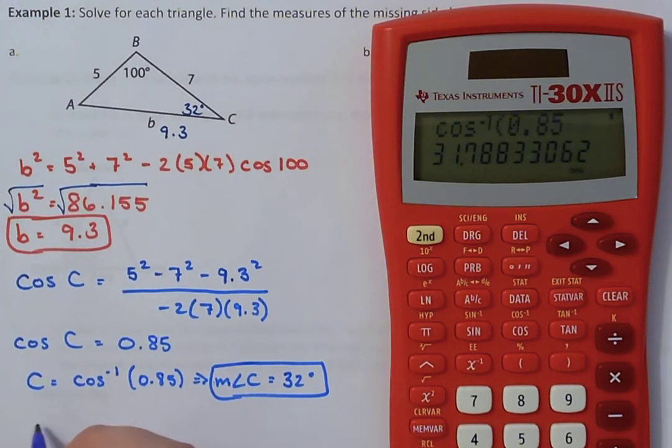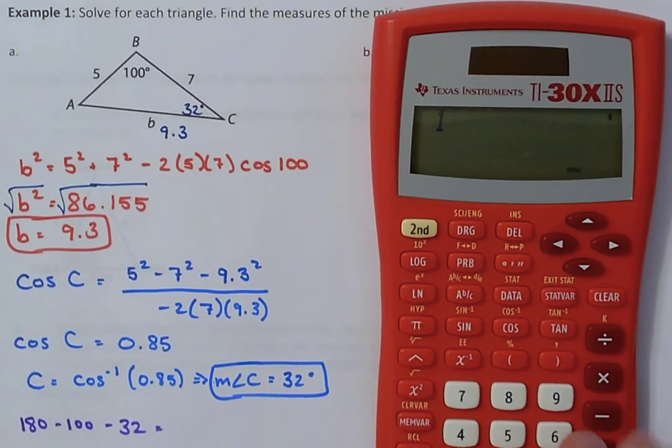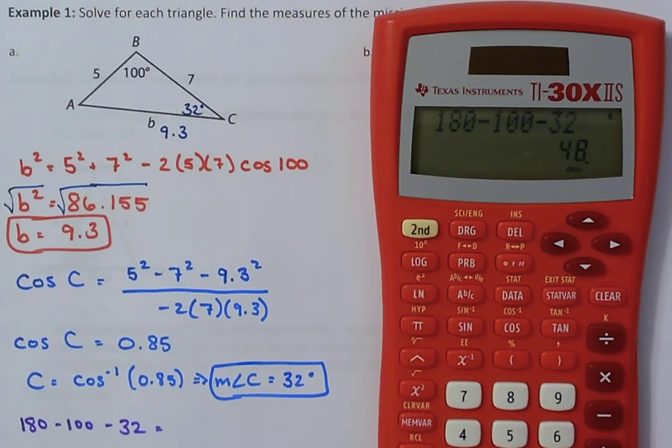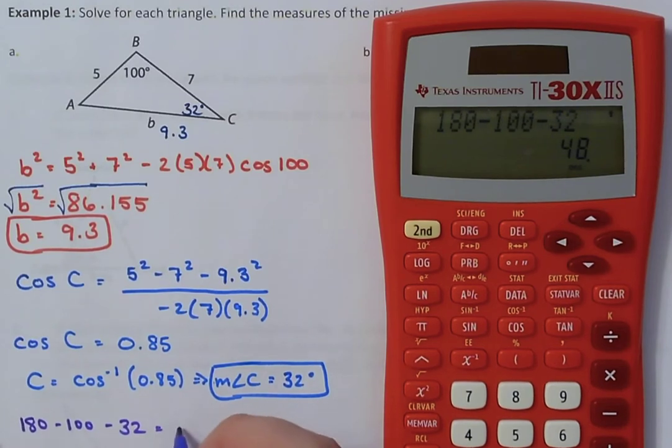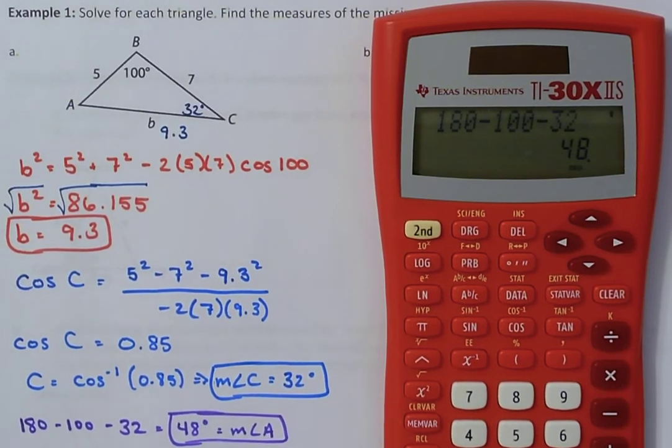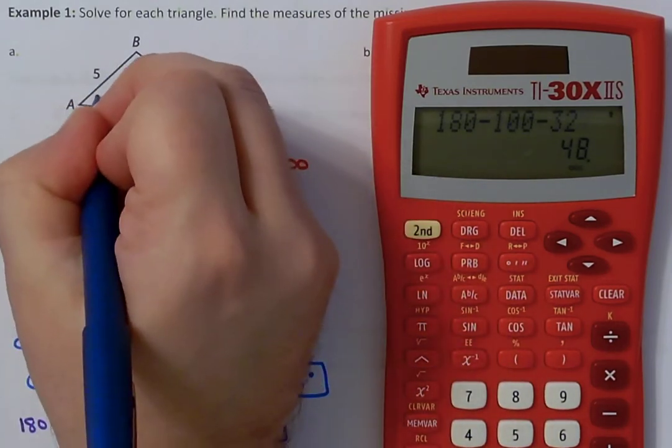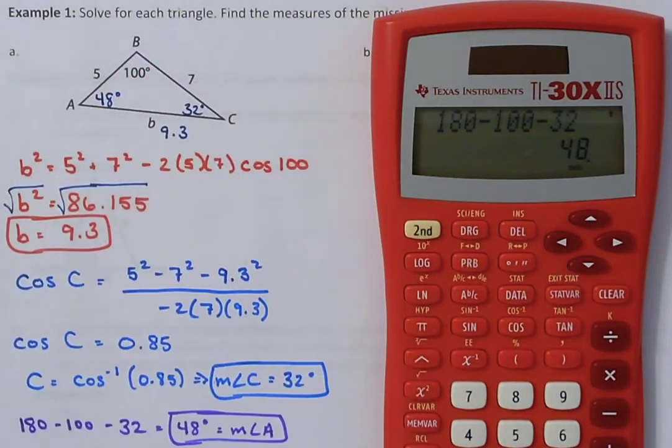So at the bottom here, if we do 180 minus 100 minus 32, we end up with 48 degrees for the measure of angle A. And that tells us all of the information we need to know for triangle ABC. So we've now found all three angle measures and all three side lengths for this problem.